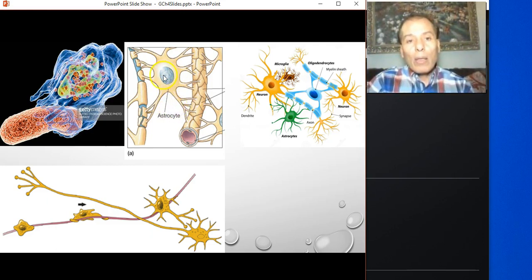This is the cell that makes the blood-brain barrier. If you look carefully, every branch of the astrocyte has a little foot called a pod.